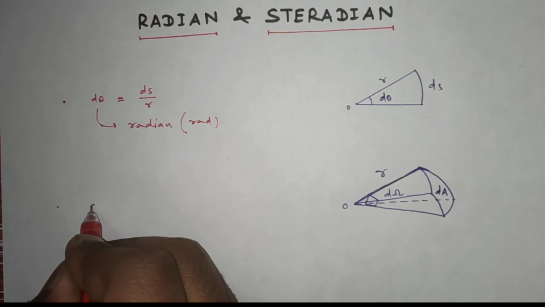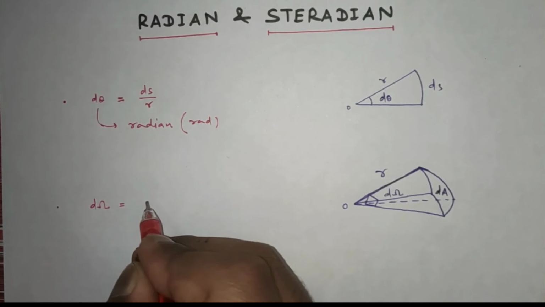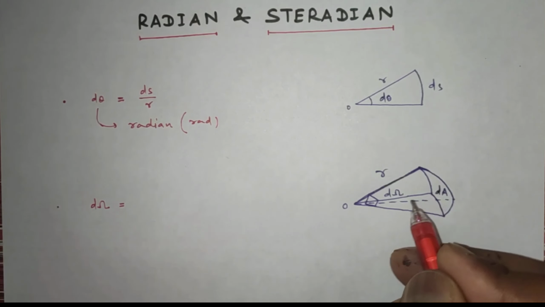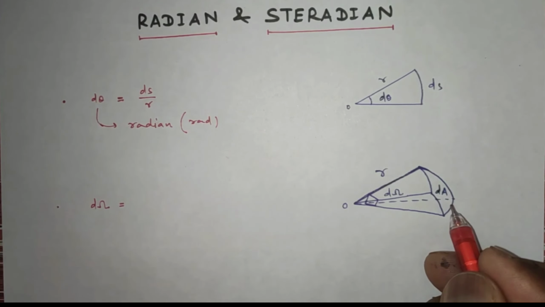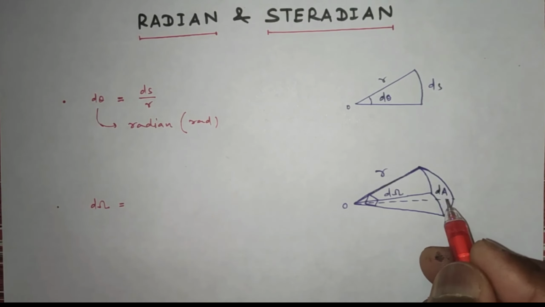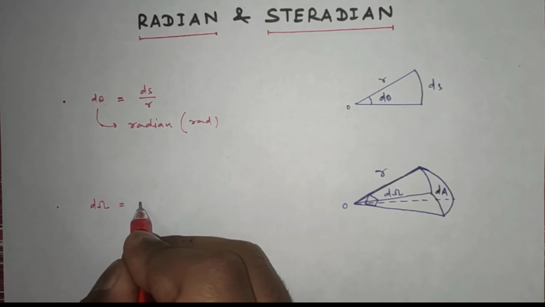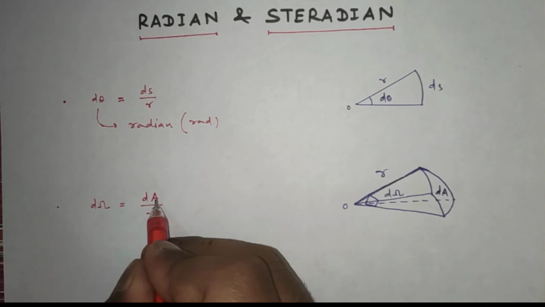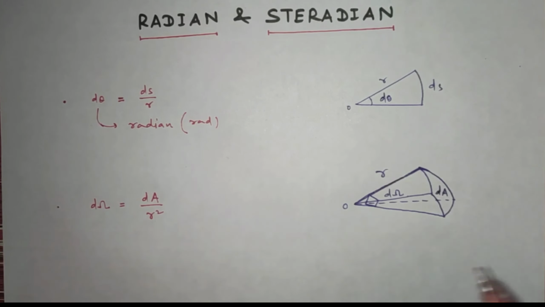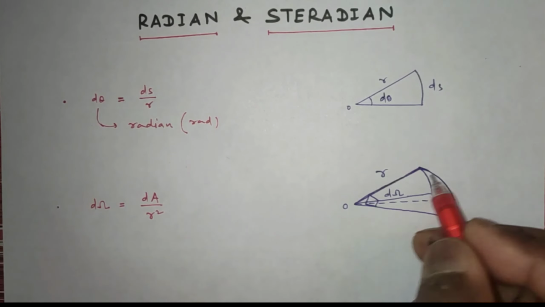The solid angle d omega is defined as the ratio of the area intercepted by the sphere to the square of the radius. That is, d omega is defined as dA by r square. It is the area intercepted by the sphere, taking O as the origin, and in the denominator it is the square of the radius of the sphere.